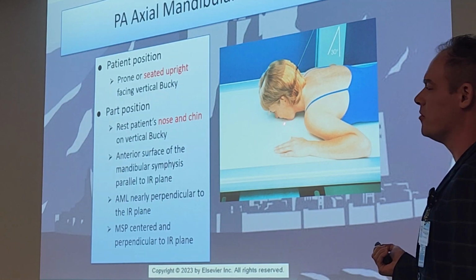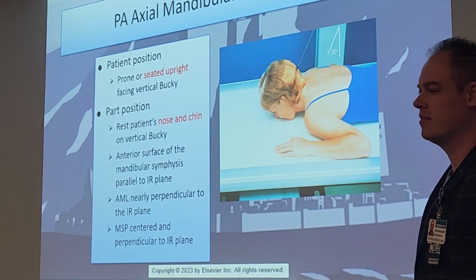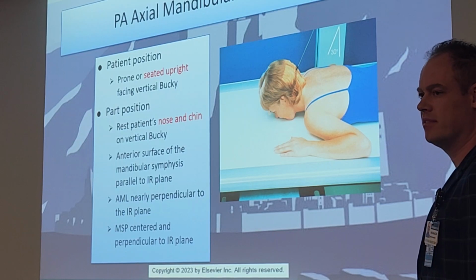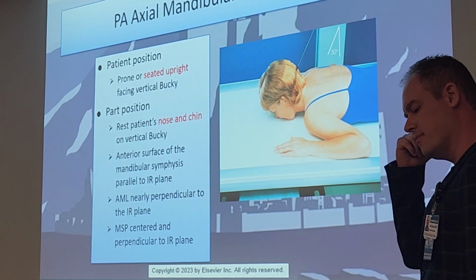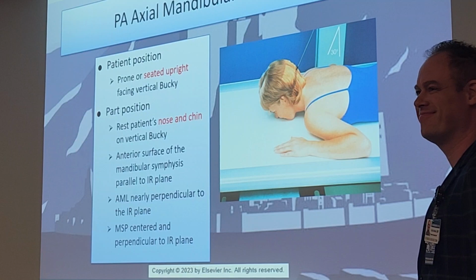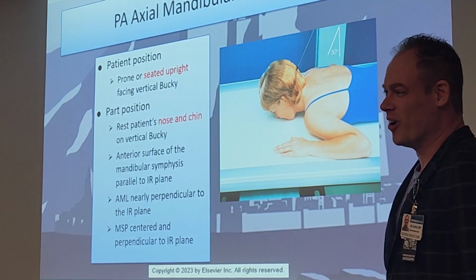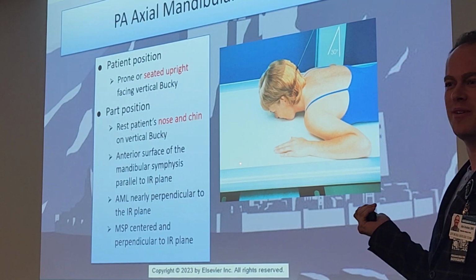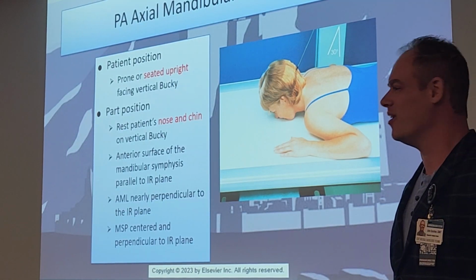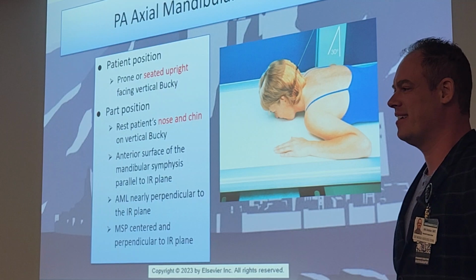So kiss that table for me. No, don't tell your patient that. I'm just like, how many pelvises have been on that table? I know, right? How many bottoms have been on that spot right there? Most people take a nap there.